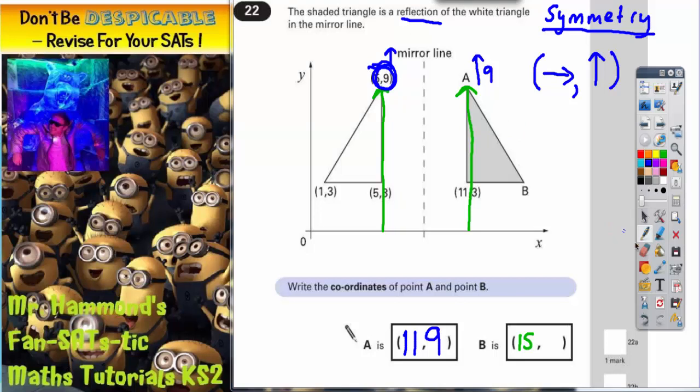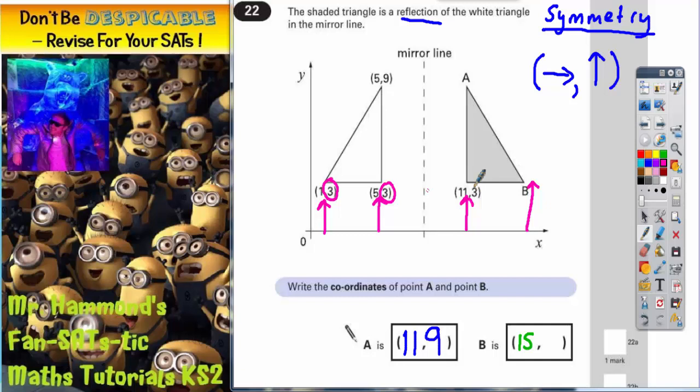To get point B, let's again just rub these out. Now, point B is the same distance up from the bottom as this point, and this point. All of those points are all level. And if you look at how far up each point is, this is 3 up, 3 up, 3 up.